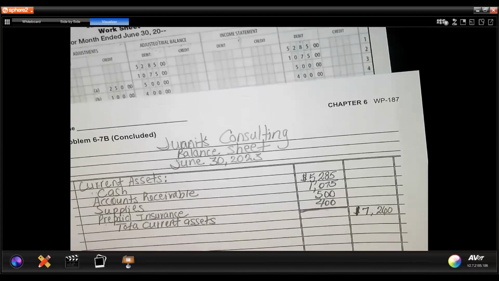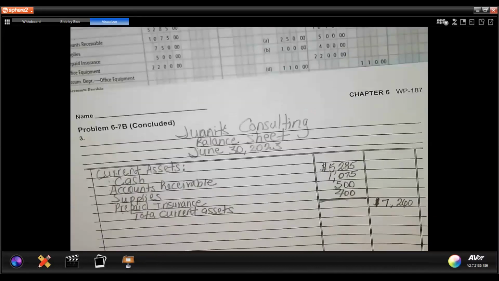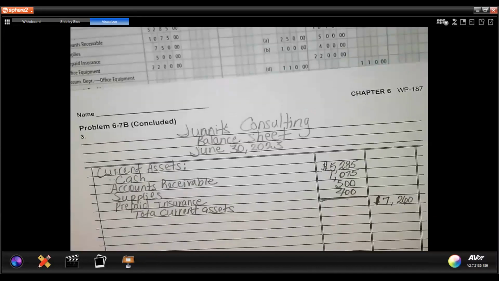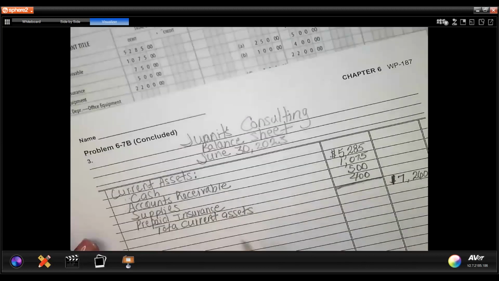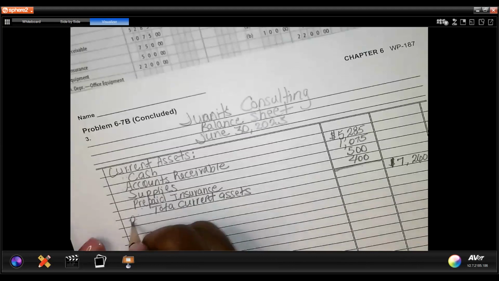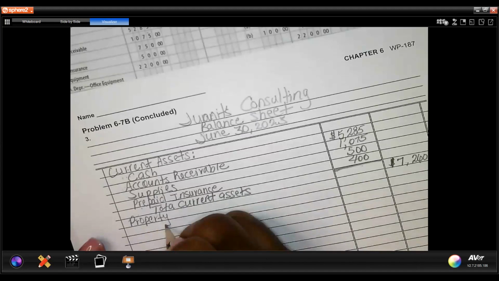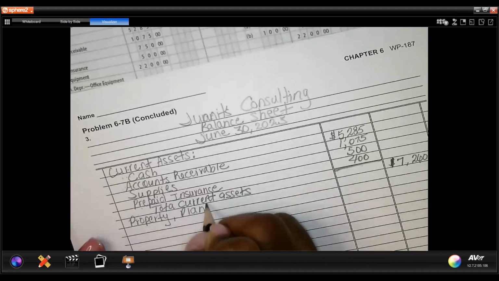Okay, so now we're going to list our remaining assets. So we're going to start here, and we're going to write in property, plant, and equipment.